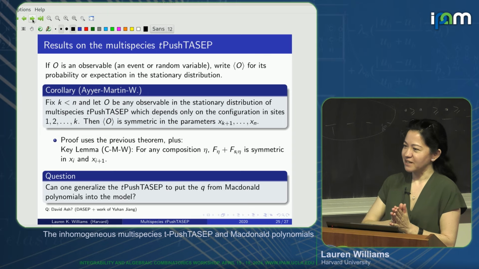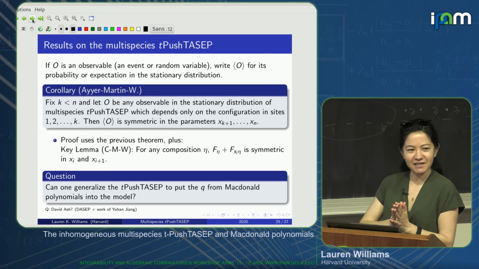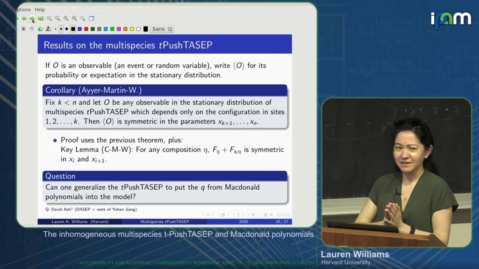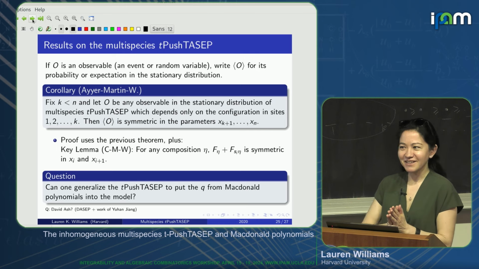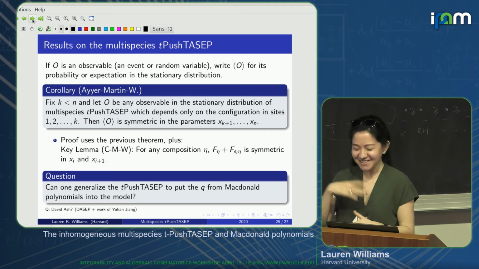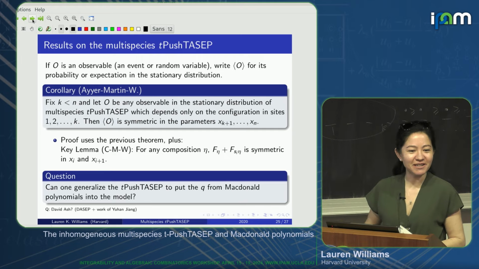There's a unique paper of David Ash on the arXiv, and it gives a Stanford affiliation. We cannot find a web page for him anywhere. We don't know if he's an undergrad or some retired person, no idea. So if anybody knows who David Ash is, please let us know.